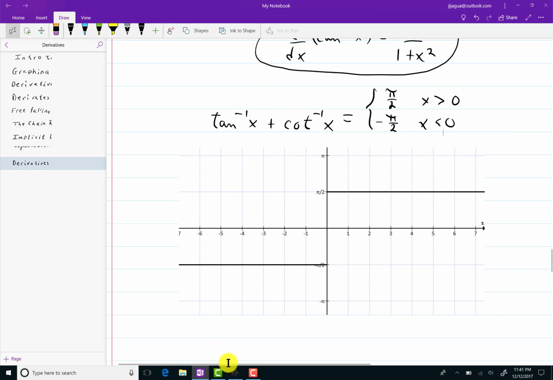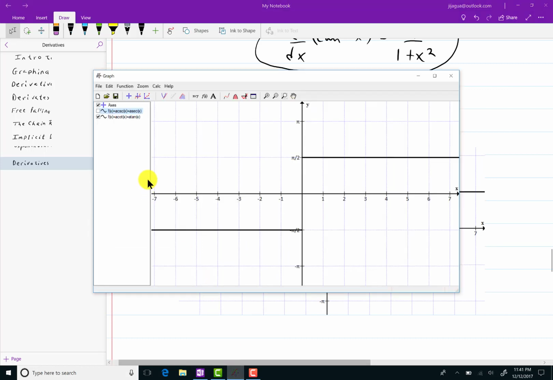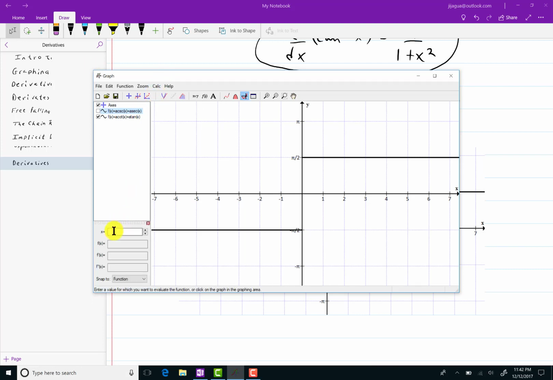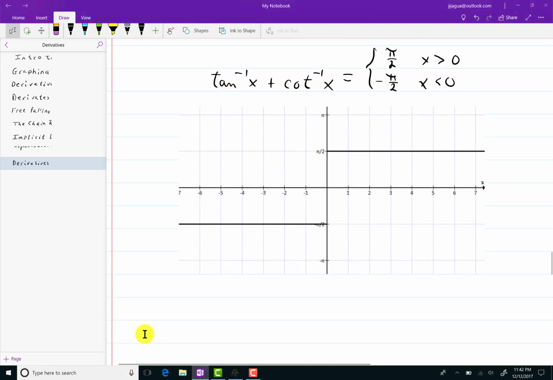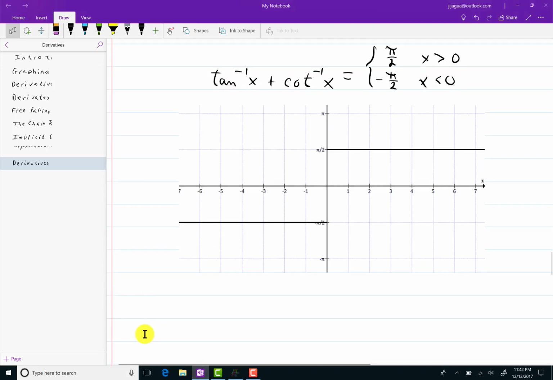Let's come back to the program. It actually allows me to calculate values. So I'm going to evaluate, and let's see what happens when x equals 0. Division by 0, error 7. And it introduces a discontinuity. I can take the derivative of that thing.